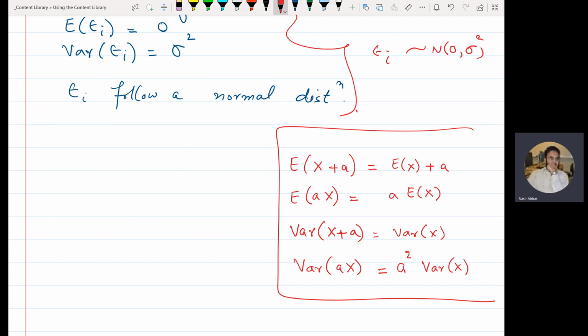Then instead of doing plus 5, multiply it by any constant, and you will see the multiplicative property of expectation and multiplicative property of variance. Having these properties of mean and variance in mind, here is the model.